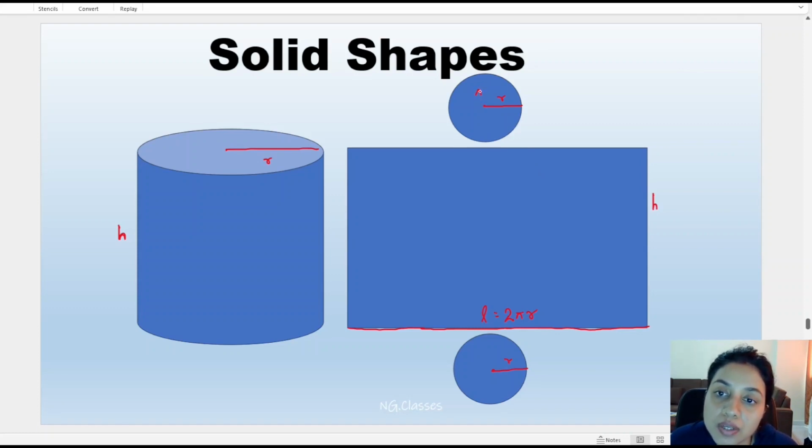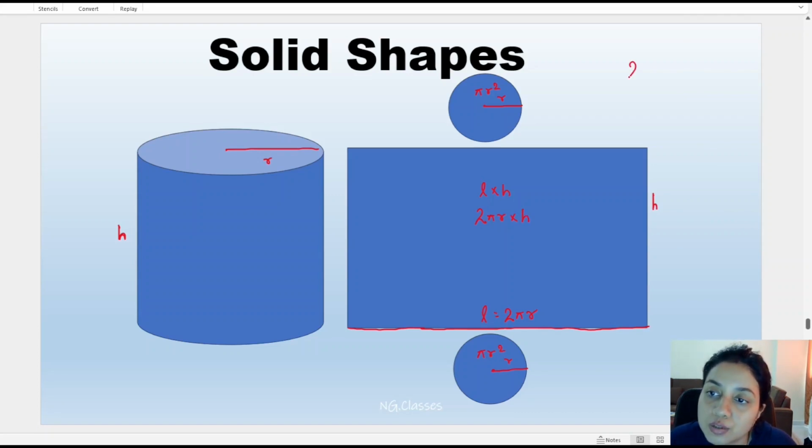The upper circle has area pi r square. The bottom circle also has area pi r square. And the rectangle has area length times height, that means the circumference of the circle times height. Now let's add all of them together.